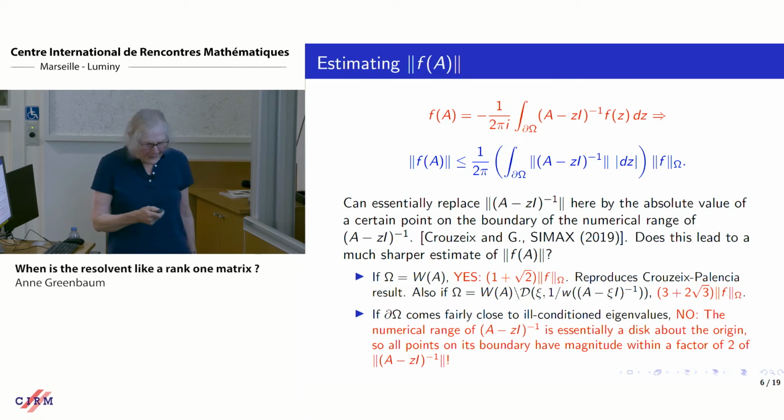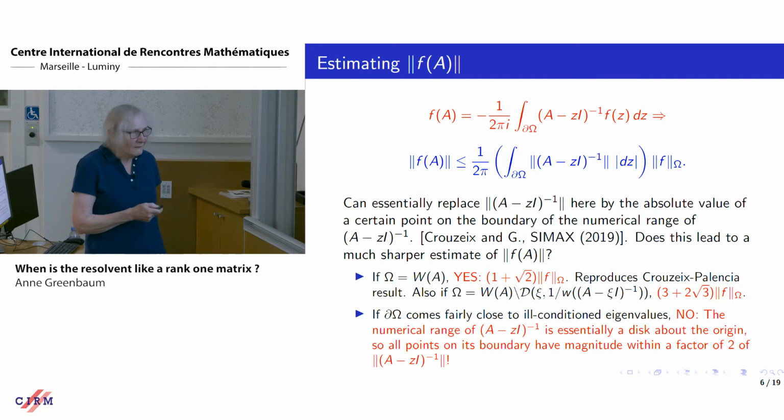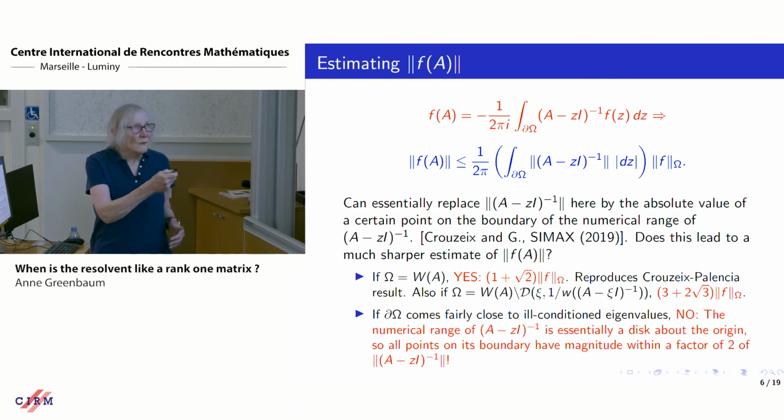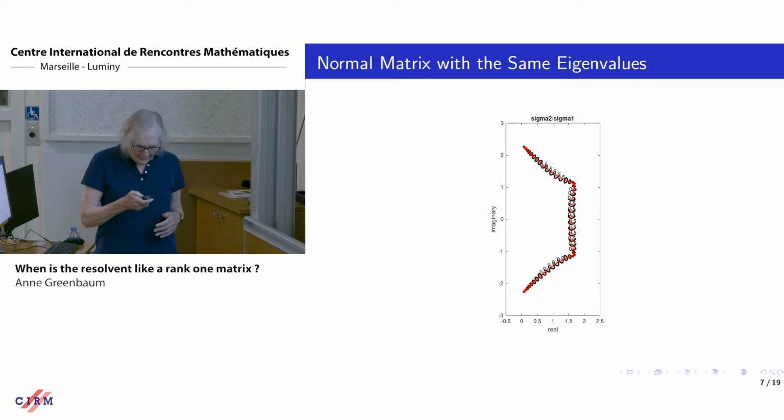Okay? If the boundary of omega comes even fairly close to ill-conditioned eigenvalues, the results were pretty similar to what I would get by using the norm of the resolvent in here rather than integrating this point on the boundary of the numerical range. So why is that?